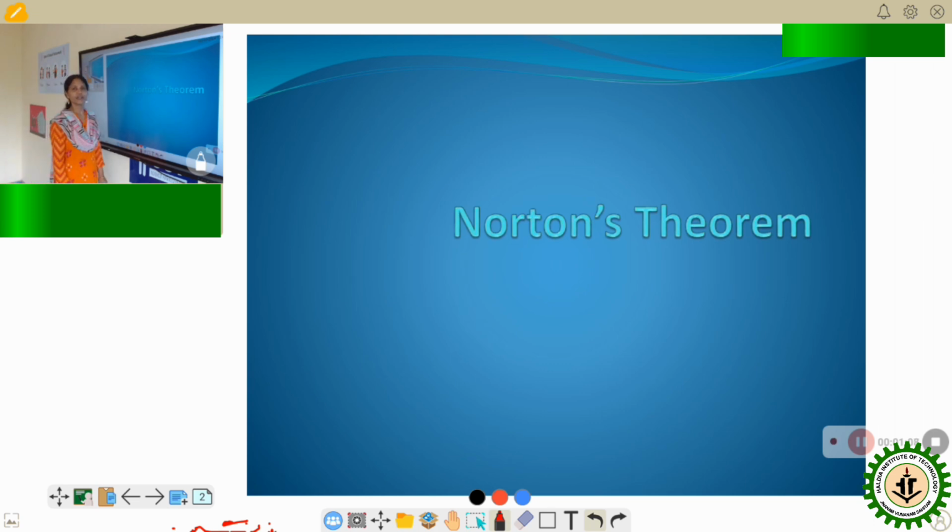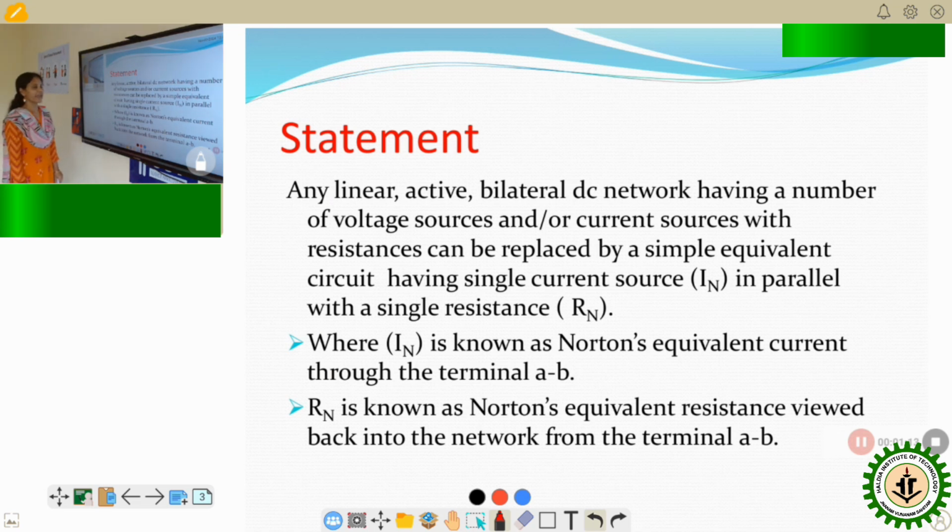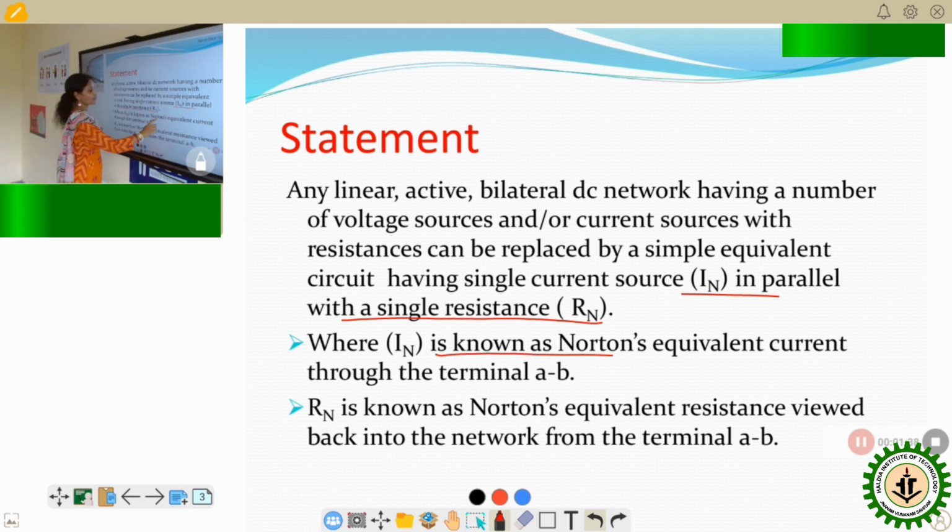Then, what is the statement of Norton's theorem? Any linear active bilateral network having a number of voltage sources or current sources with resistances can be replaced by a simple equivalent circuit having a single current source IN in parallel with a single resistance Rn, where IN is known as the Norton's equivalent current or short circuit current through the terminal AB.